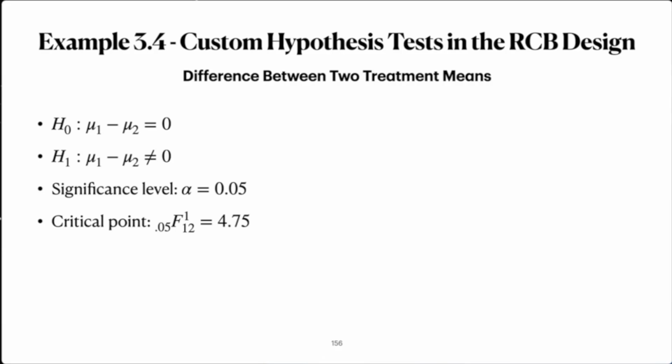And so the critical point for the test will come from the F distribution with 1 numerator and 12 denominator degrees of freedom. Since we're testing at the 0.05 level, the critical point will be the upper fifth percentage point of this reference distribution. That critical point is 4.75.